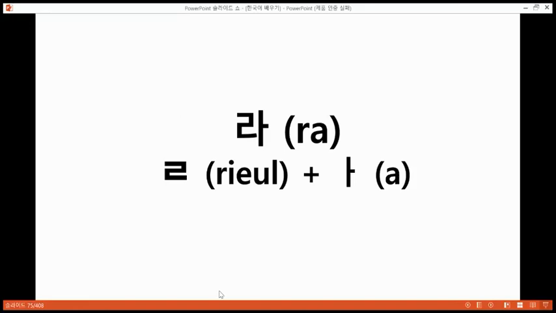The Korean alphabet has only 리을, no difference between L and R. Maybe you have noticed that some Koreans have difficulty pronouncing R in English, because we don't differentiate L and R, so we pronounce it as L. In Japanese, they have a difficult time pronouncing L, and it becomes R. Anyway, in the Korean language we have only 리을, which can be both L and R.